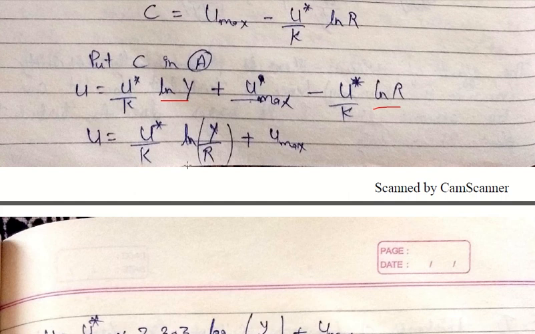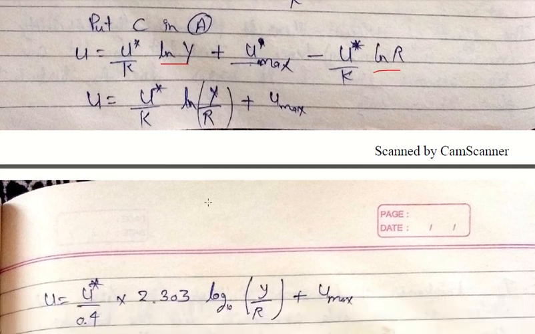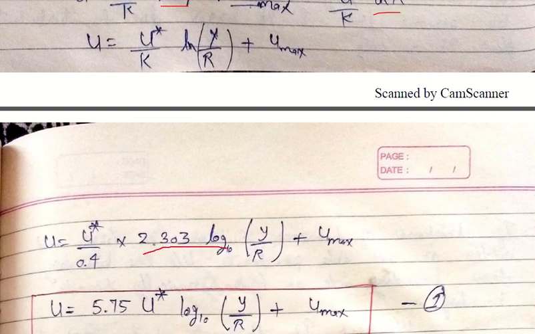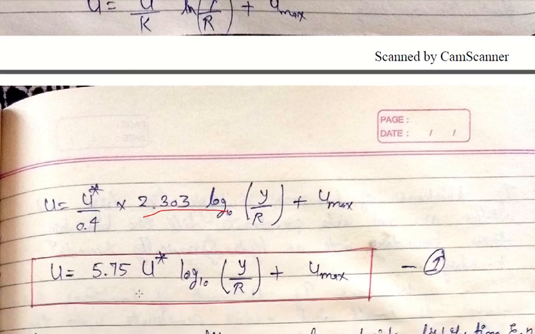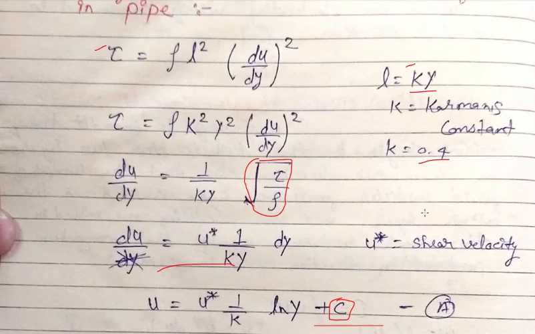We can write natural log equals 2.303 log 10, and the k value is 0.4, so dividing by 0.4 it will give 5.75 u star log base 10 (y by r) plus u max. This is the velocity equation at depth y for pipe.